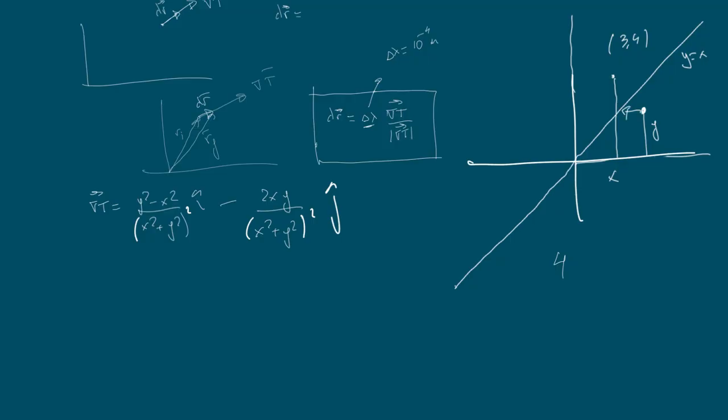And the y component of the gradient will always go downwards in this region, x positive, y positive, so the gradient will go like this. At (3, 4), the x component goes to the right and the y component goes downwards, so the gradient will go like this.